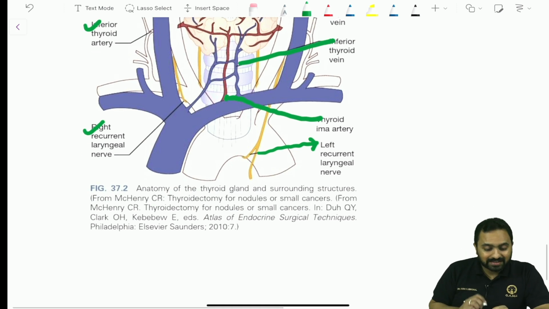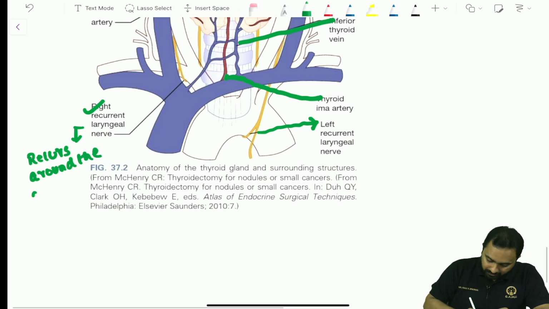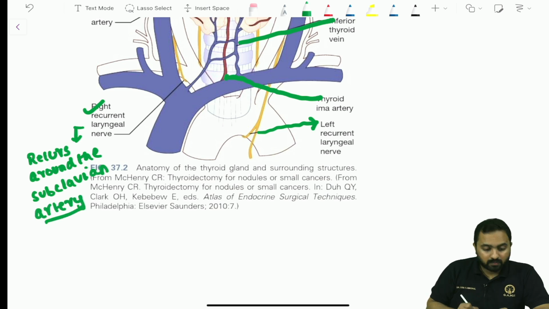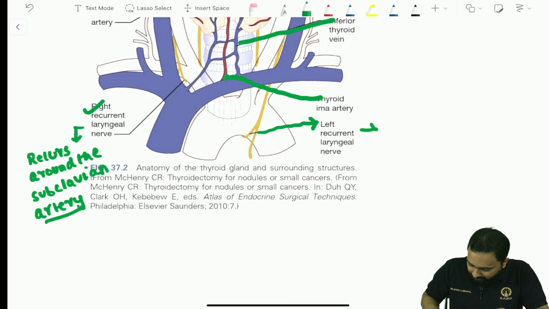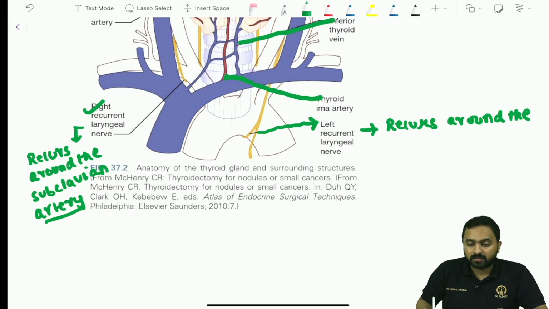So, if you look at the right recurrent laryngeal nerve, it recurs around the subclavian artery, right? Whereas the left recurrent laryngeal nerve recurs around the arch of aorta, right?